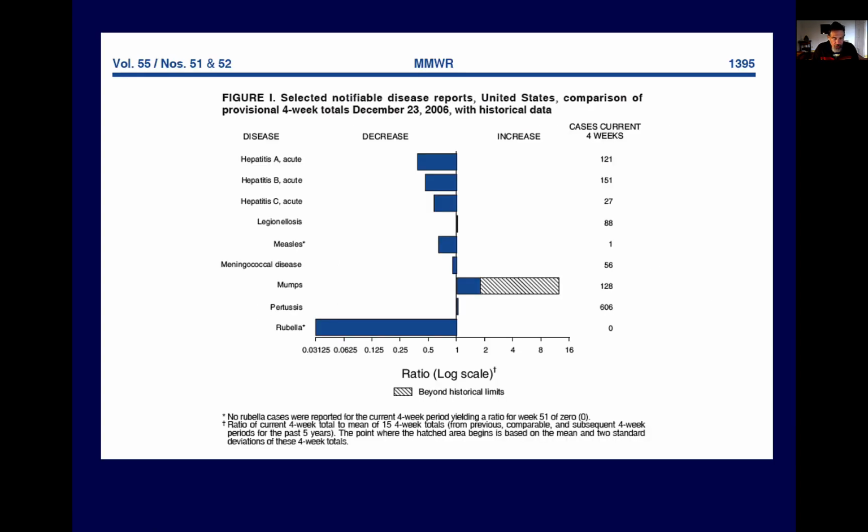There are also graphs and visualizations in the MMWR, sort of giving you a sense of, for a given week, are we seeing increases or decreases in the reports of certain notifiable diseases. And in this example, what we saw was an increase in the number of mumps cases reported that were beyond historical limits, suggesting that there was some kind of a mumps outbreak happening around the US.